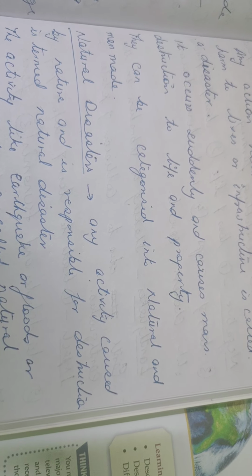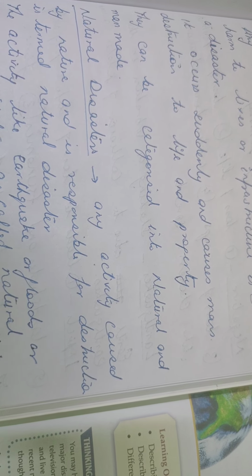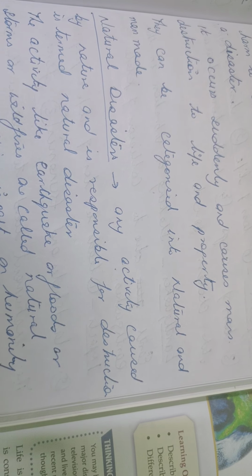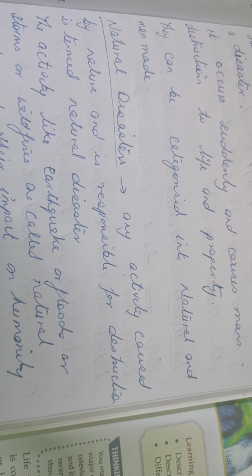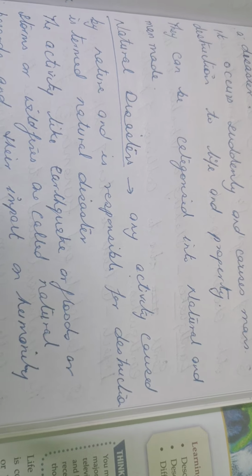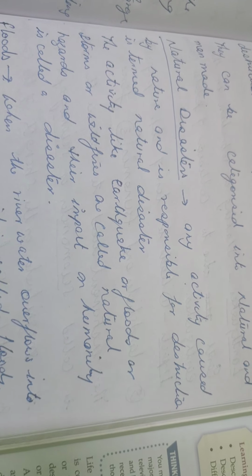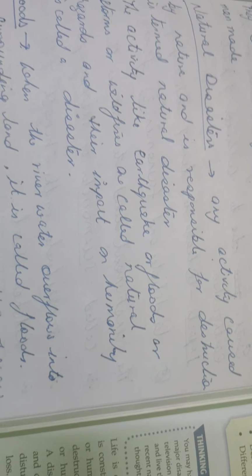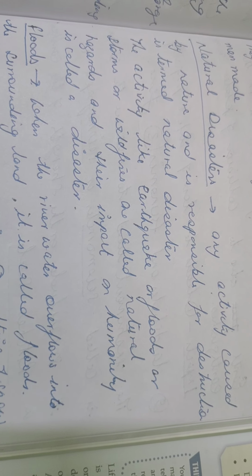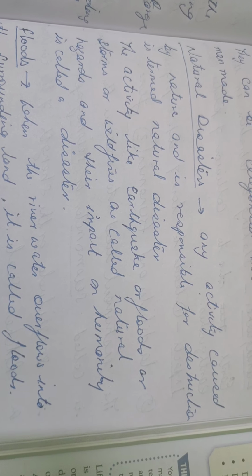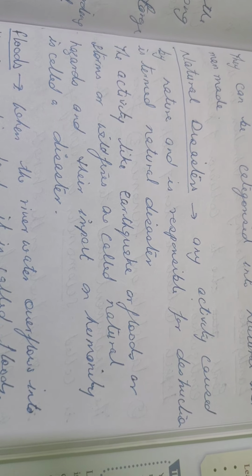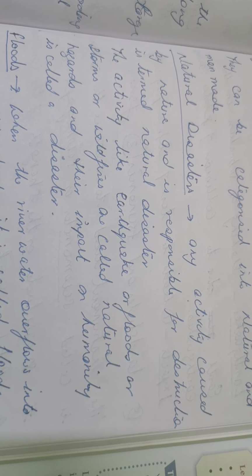That means nature has a hand to play in it. So, natural disasters are any activity caused by nature and responsible for destruction. This activity can be an earthquake, a flood, a storm, a wildfire, or a volcanic eruption. And their impact on humanity is called a disaster.